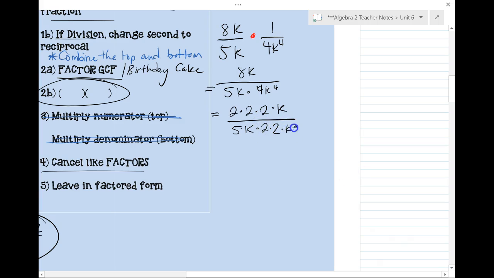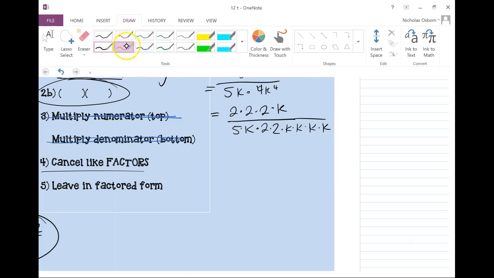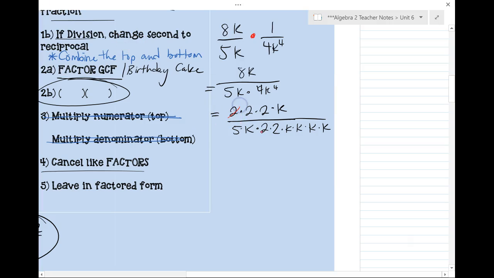And then we have 4 k's, because it's k to the fourth. Now, you can cancel the like terms. I can cancel 1 2 on the top with 1 2 on the bottom. Another 2 on the top with 1 2 on the bottom. And there's no more 2's to cancel out. So I go to the next term, the k. I can cancel 1k in the top and 1k in the bottom. And that's it. There's nothing else I can cancel out.